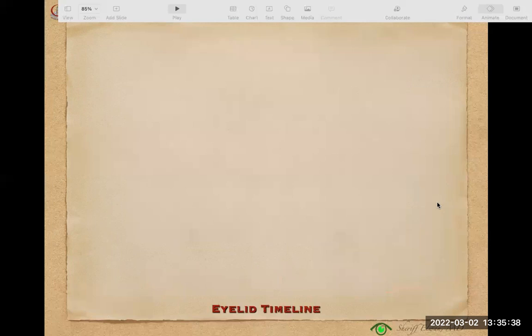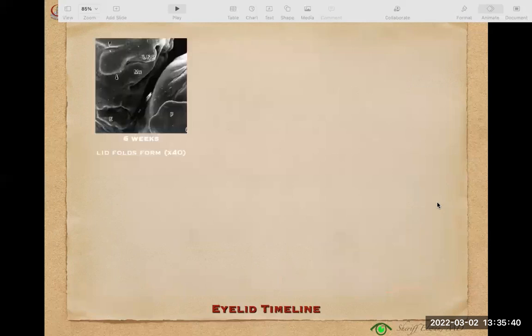Now, the eyelid development, the timeline. In short, the eyelids form as ectodermal folds, and these ectodermal folds form in front of the corneal epithelium, which is from the ectoderm as well. These two folds are short, they do not reach each other.